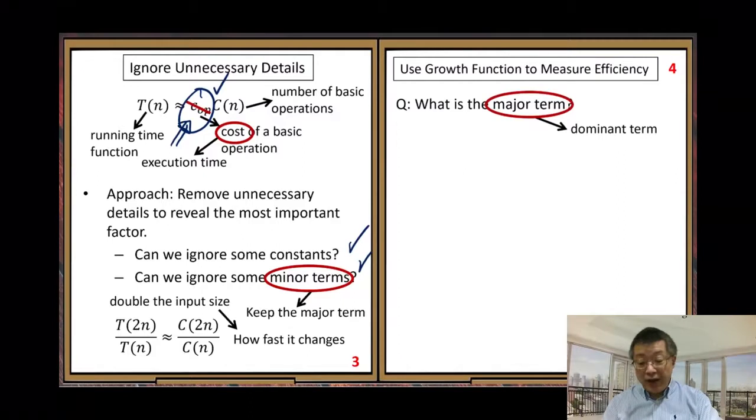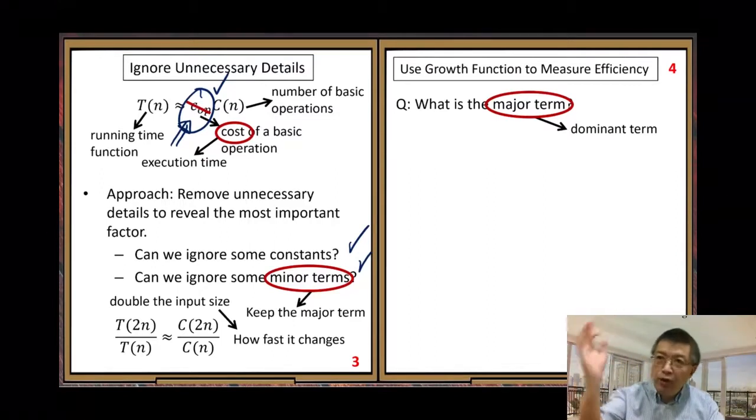We want to look at the dominant term first. Actually, the same thing: major term is another word for dominant term. Since this term is dominant, we call it a major term. If you compare all the other terms with the major term, the portion, the percentage, is very, very small, and that can be ignored.